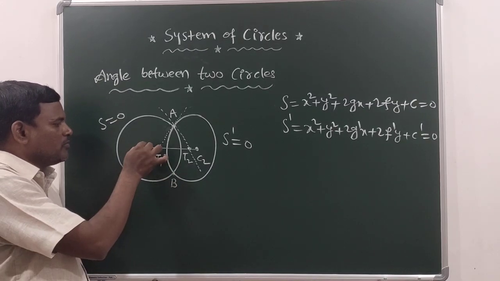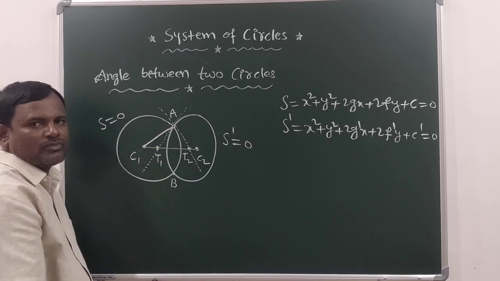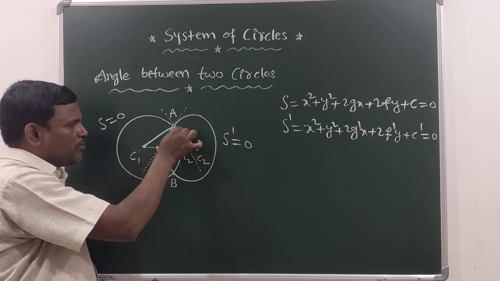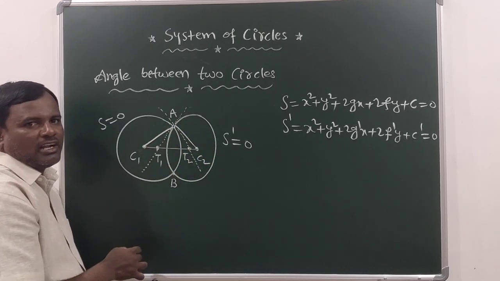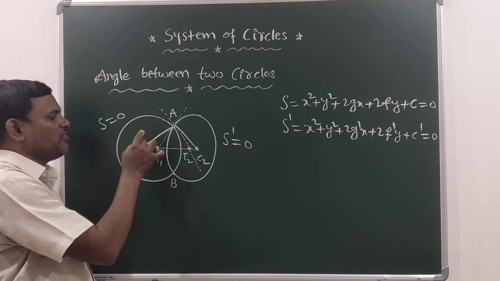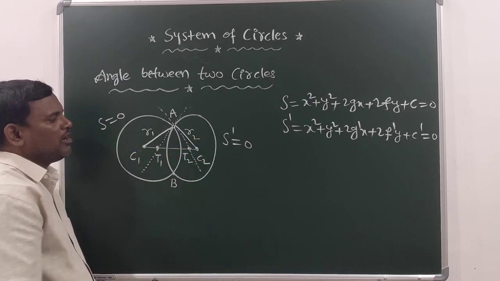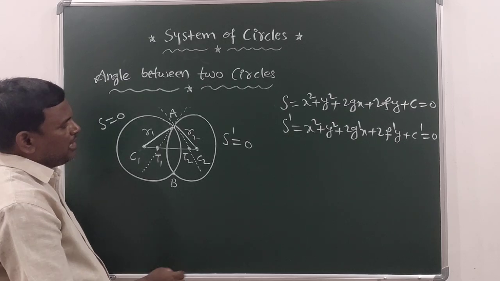Now this is the radius C1A, and C2A is the radius of second circle. Let us name the radius of first circle R1, radius of second circle R2.